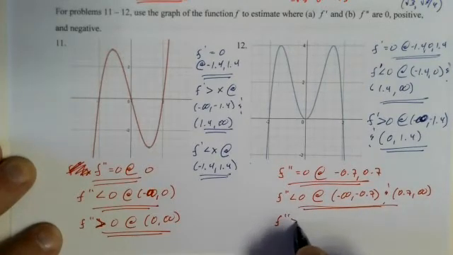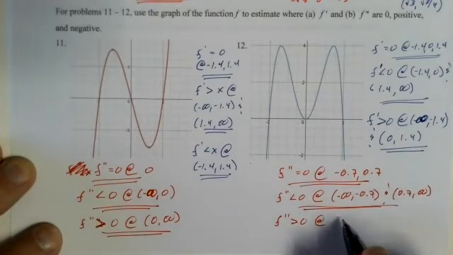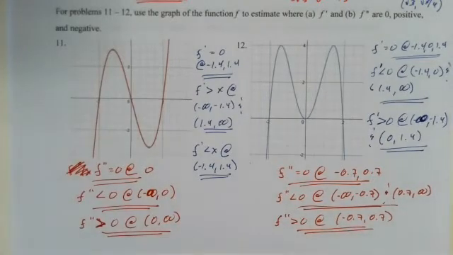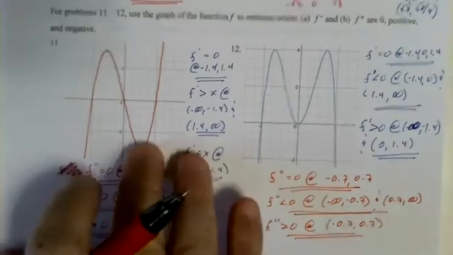And f double prime greater than 0 on -0.7 to 0.7, approximately. Well, that was supposed to be an easier problem, but whatever.